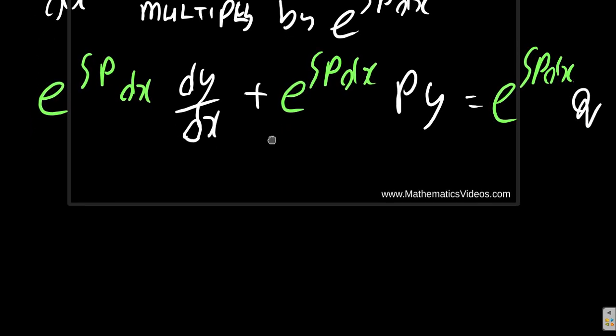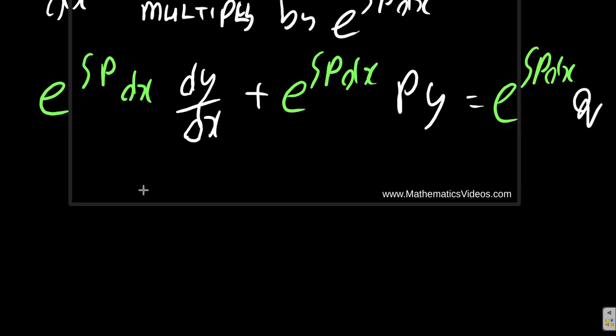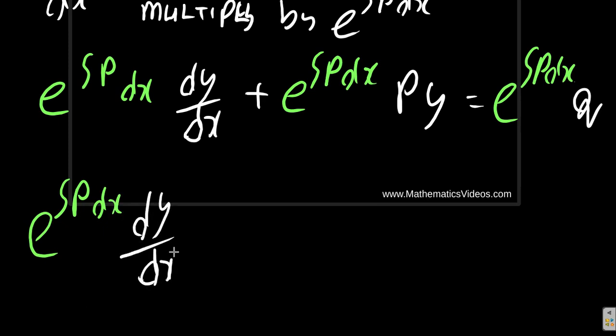Now, let's rewrite this. What you have is e to the integral of p dx times dy by dx plus this p, let's put it in front of the e to the integral of p dx here.